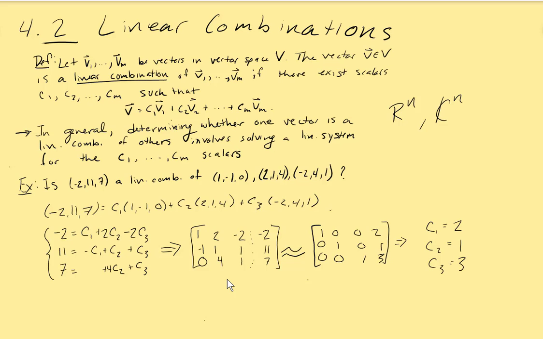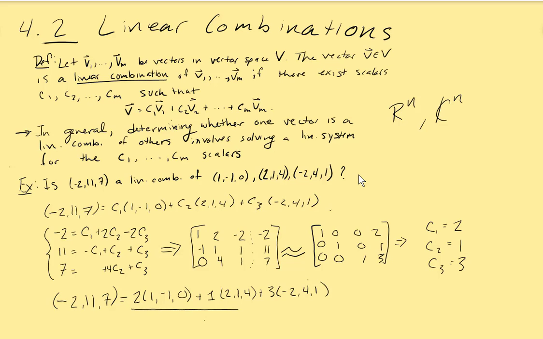So that means, yeah, we were able to solve this equation for c1, c2, and c3, meaning we can write this original vector, negative 2, 11, 7. We can write it as c1 was 2, so we can say this is 2 copies of 1, negative 1, 0. c2 was 1, so we'll add 1 copy of 2, 1, 4. And c3 is 3, so we'll add 3 copies of negative 2, 4, 1.